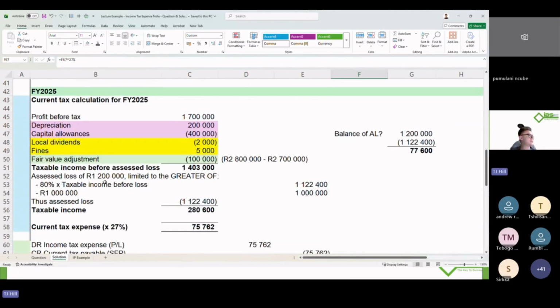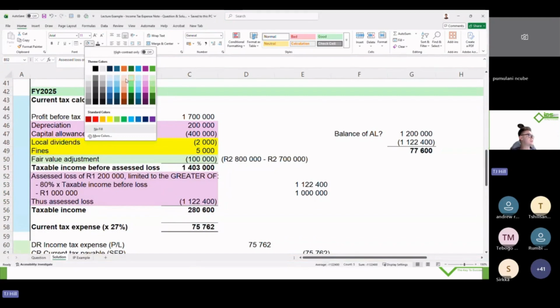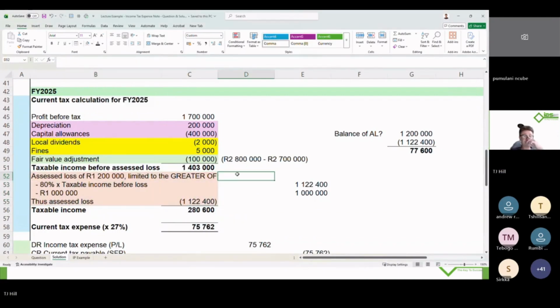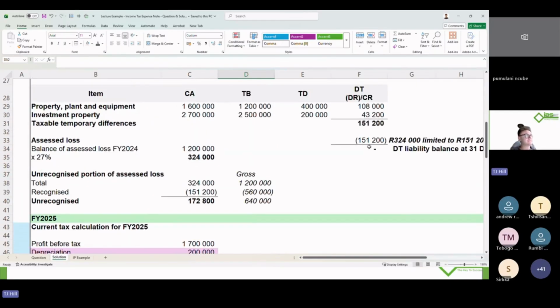Okay, my last problem is this friend here. And this is where you must focus. Okay. Remember now, at the end of last year, I had wanted to recognize 324. I only recognized 151,200, which meant that I have an unrecognized portion of 172,800.